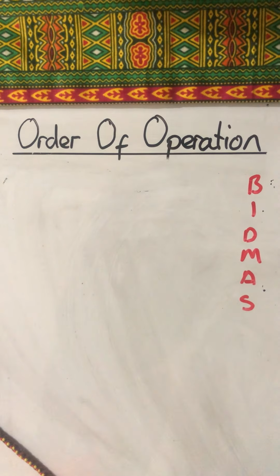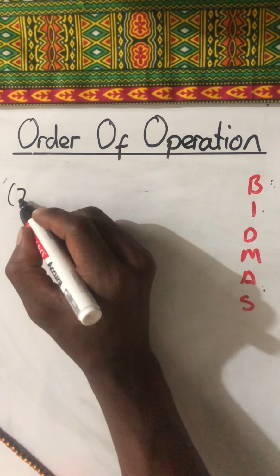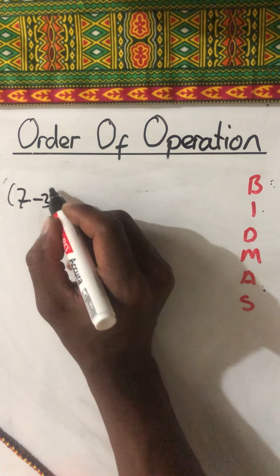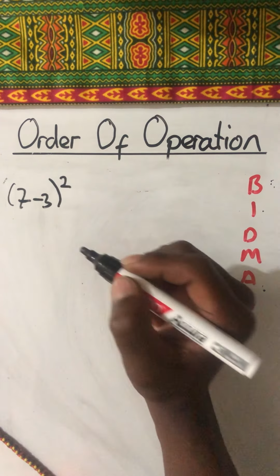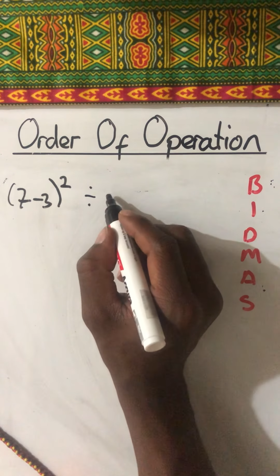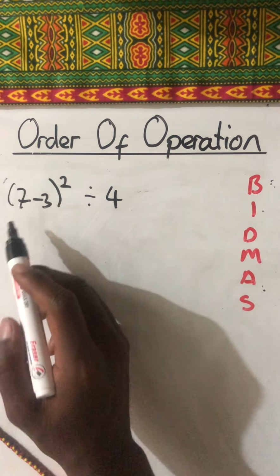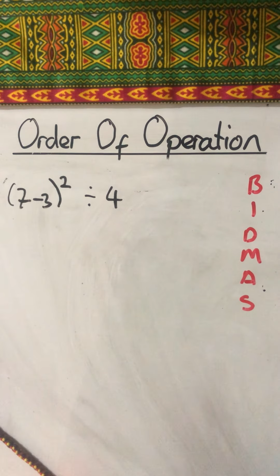Now let us finally look at the last question here. So we have 7 minus 3 squared, or to the power of 2, divided by 4. So now we can see we've got a lot of things happening in this one, right?